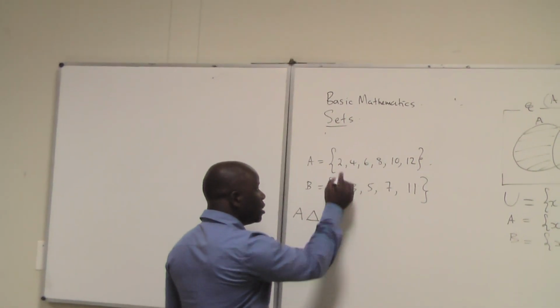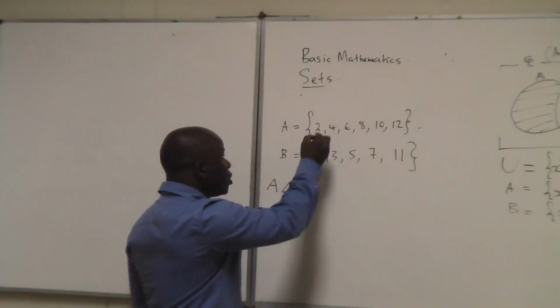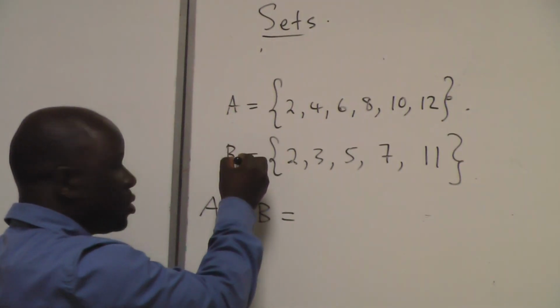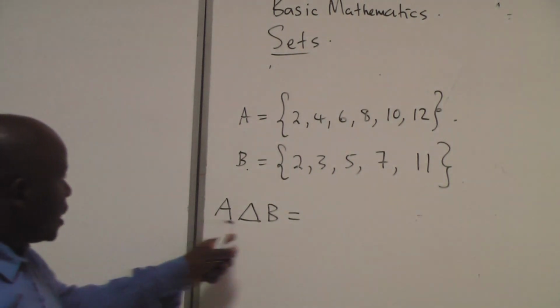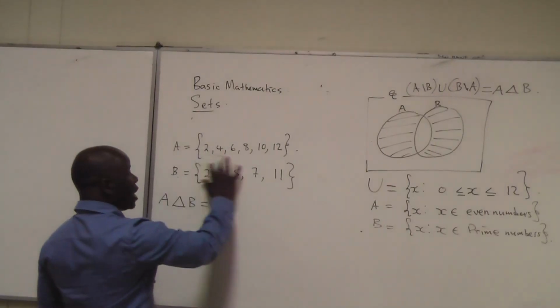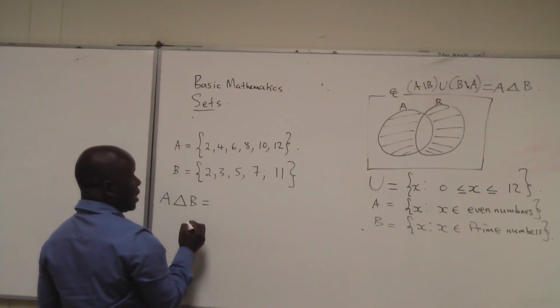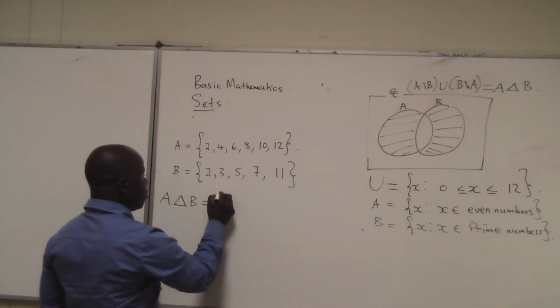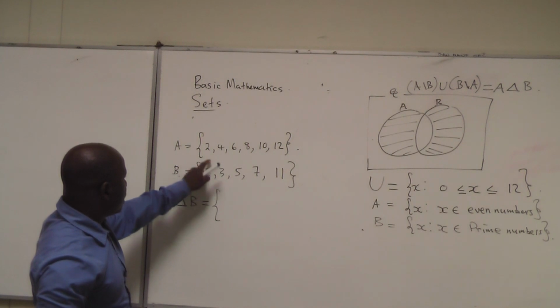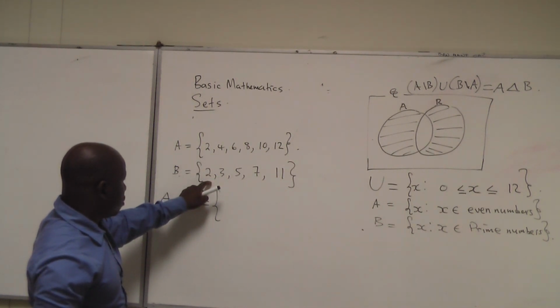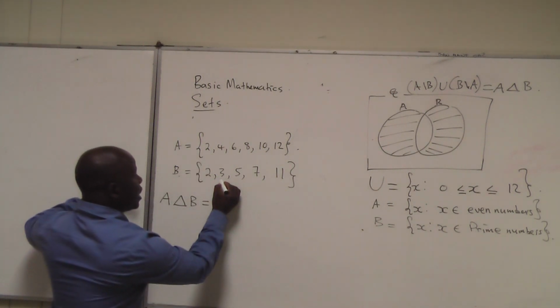What is that? 2 is common. 2 is found in A and it's also found in B. So it is in the intersection. But the set difference must be all the other elements excluding those that are in the intersection. So the only element that is in the intersection is 2. You see 2 is in A and is also in B. So you must exclude it so that we list all these.